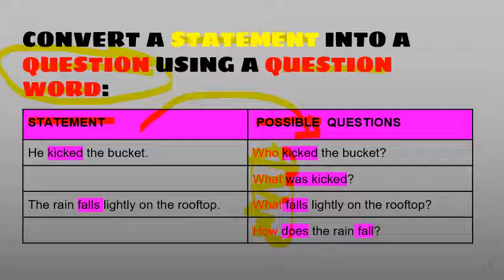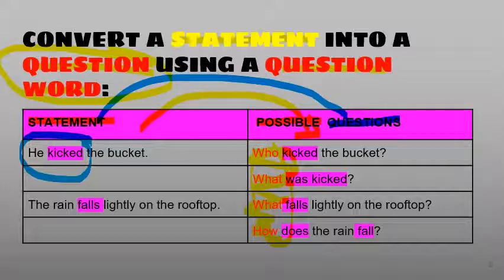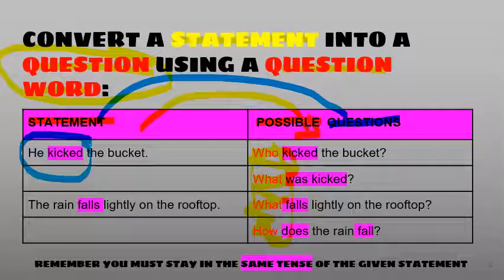Something else that I need to point out to you here specifically is the verb. It is very important that when I convert my statement into a question, my verb has to stay in the same tense. I cannot change the tense of my verb when I convert a statement into a question.